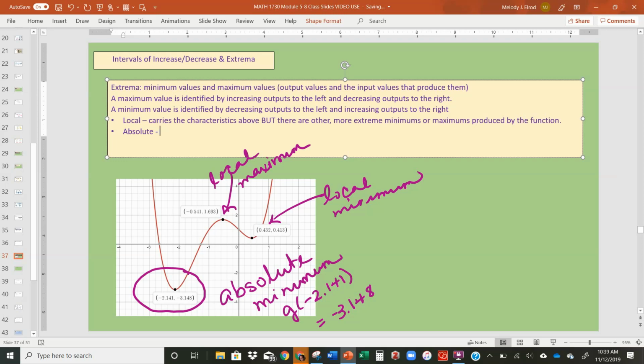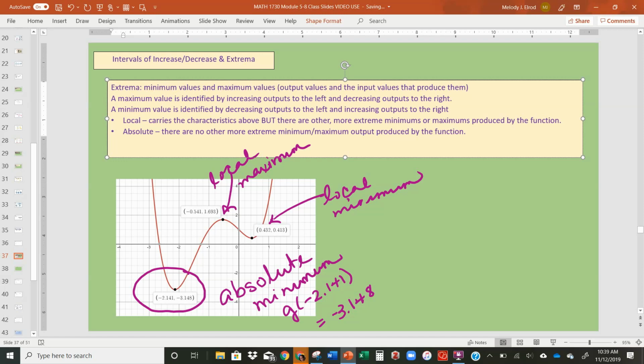Whereas for an absolute minimum or maximum, there are no other more extreme minimums or maximums produced by the function. So this point that I've circled down here gives us an absolute minimum.